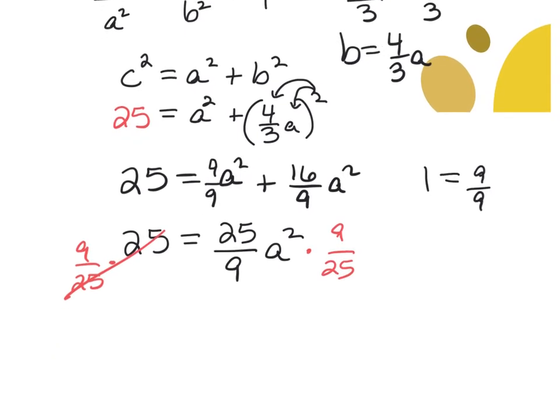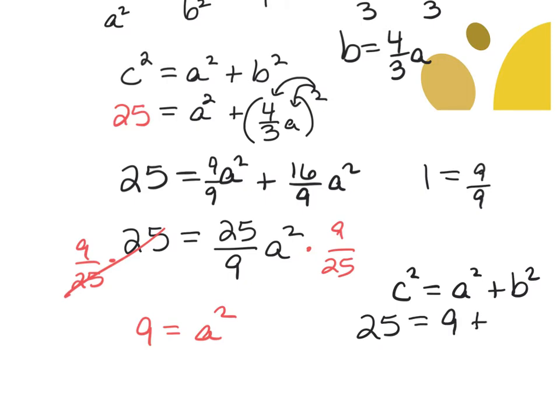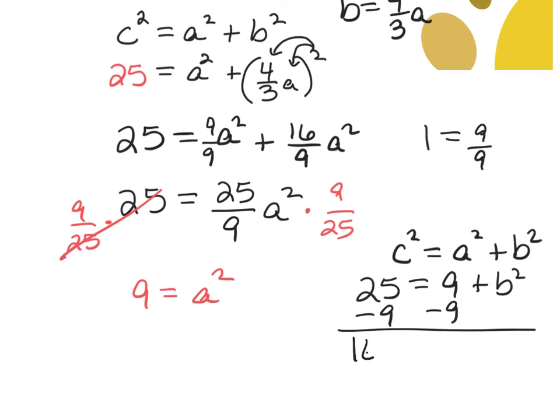That'll cancel. 9 equals A squared. Going to use this formula one more time to get B squared. Plug in 25 for C squared, 9 for A squared, subtract 9, and B squared equals 16.